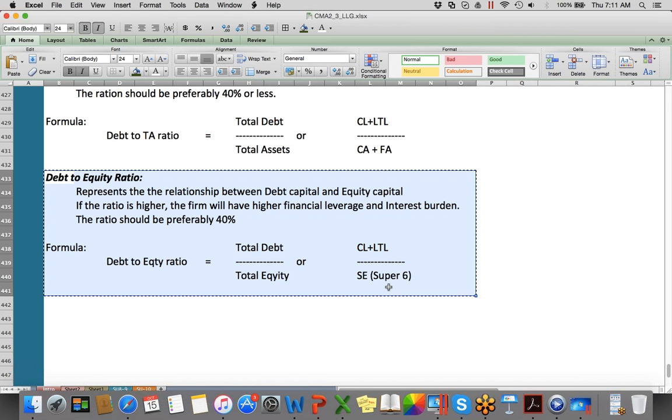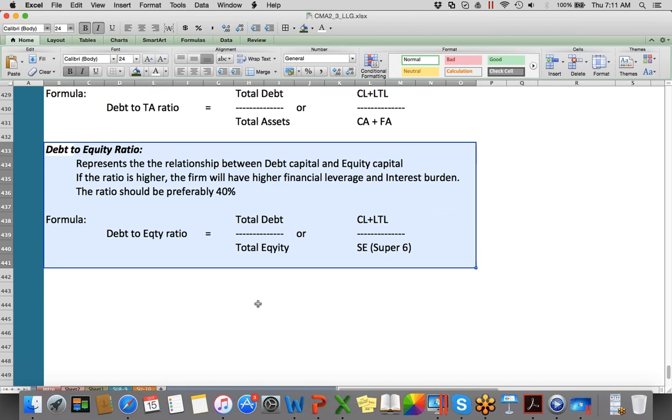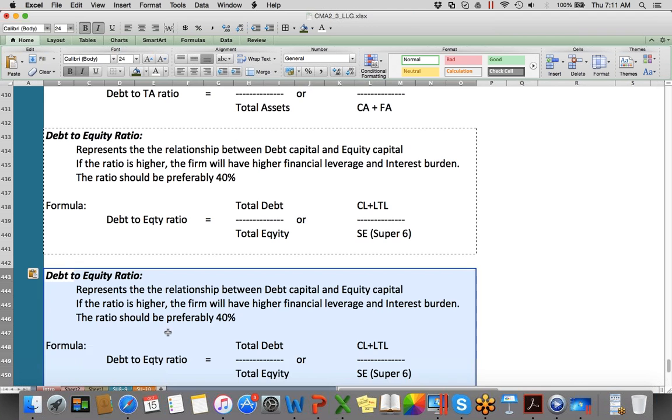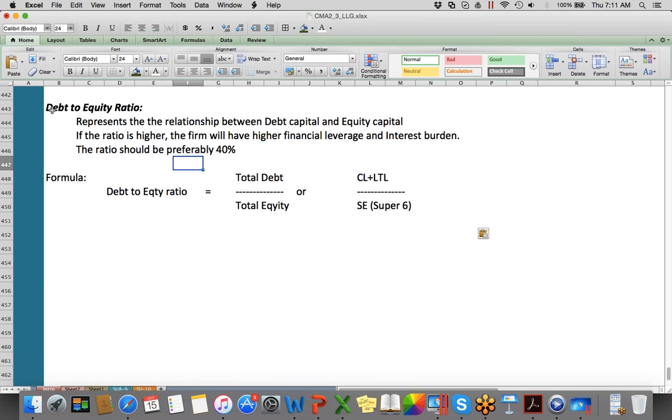But to be more precise, as current liabilities create spontaneous credit for the company, only the long term liabilities portion should be expressed in terms of shareholders' equity, because that is the external long term debt, and it has some cost which is called interest. Therefore, let us calculate the other ratio, which is sharper than the debt to equity ratio, that is the long term debt to equity ratio.